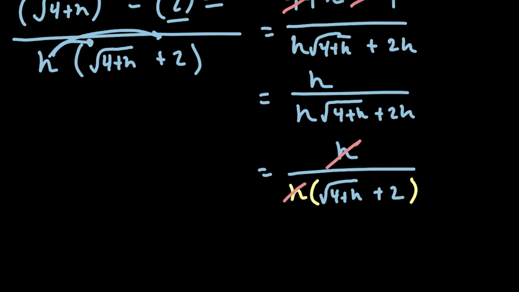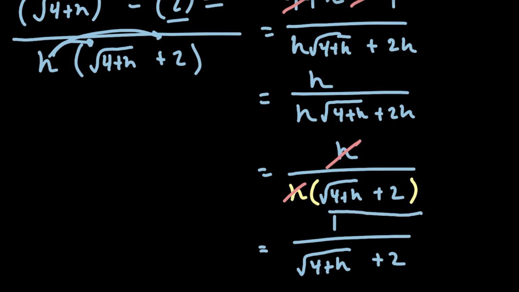And this h and this h would be cancelled, so that equals 1 over the square root of 4 plus h plus 2. And as you can notice, we have removed the square root from the numerator, and we have this fraction as the solution for this example.